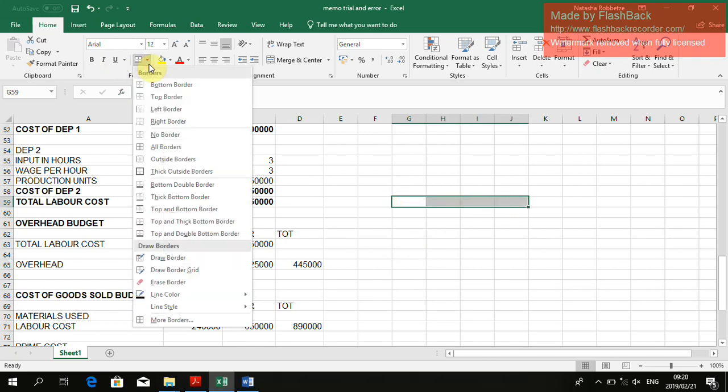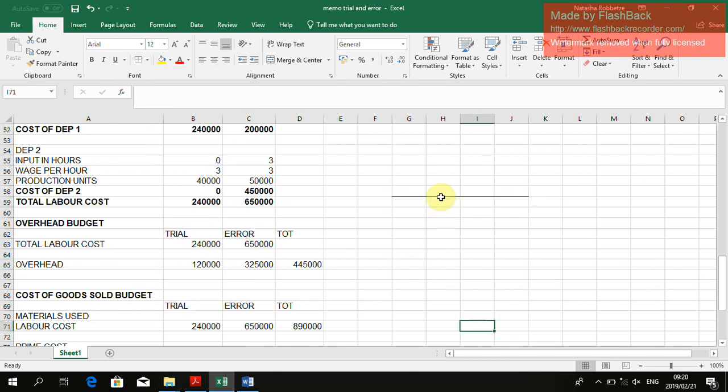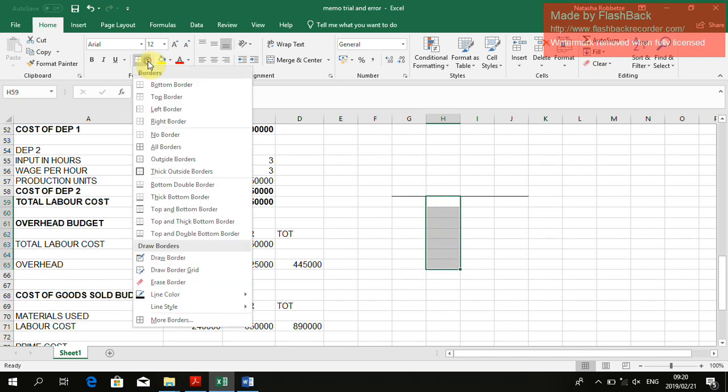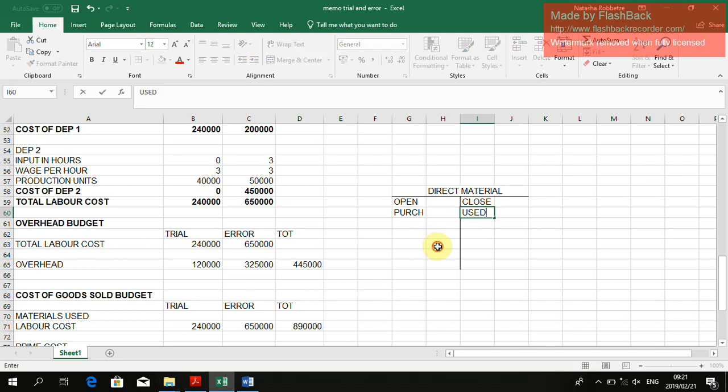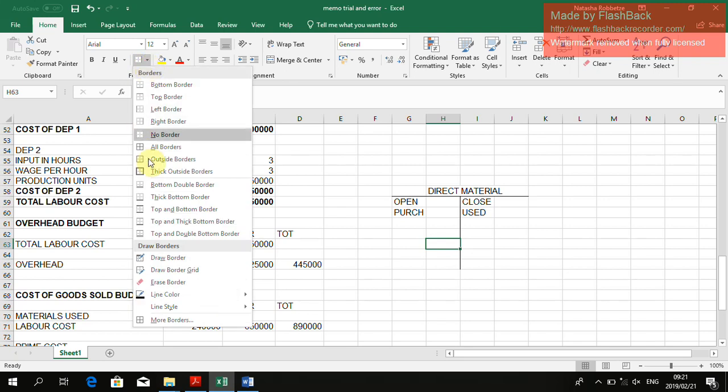So you should be familiar with the T accounts that we do for management accounting, and one of those will be your material or your direct material cost, right? So here we need to have an opening balance, we need to have a closing balance, we need to have purchases, and on the negative side we need to have those that are used, and of course it must then all balance.